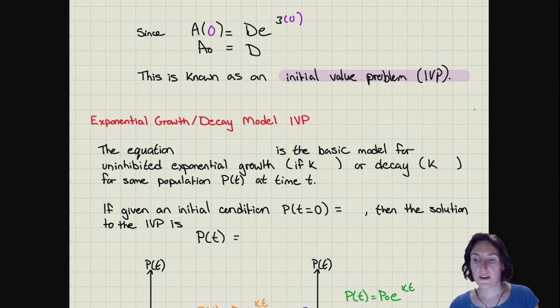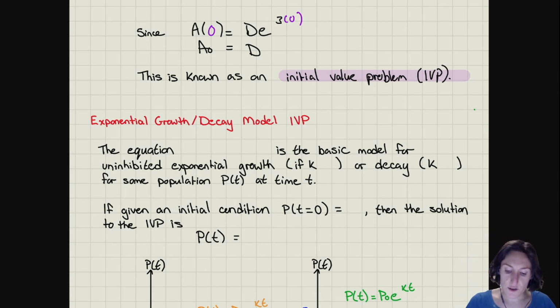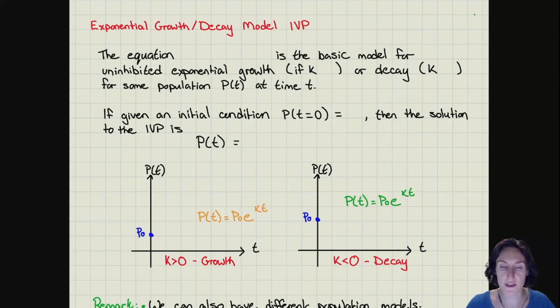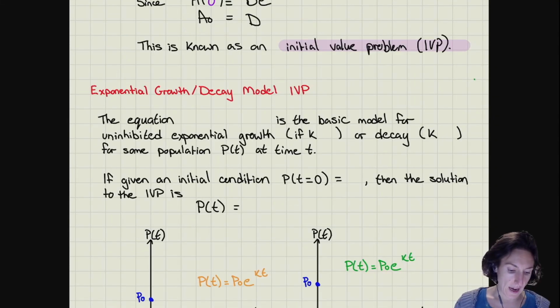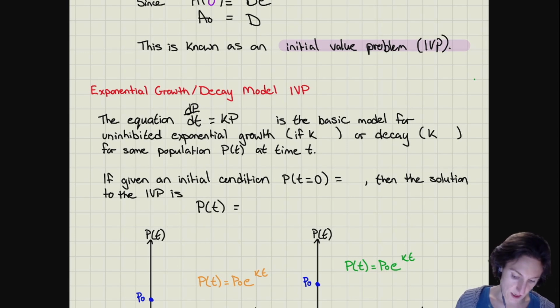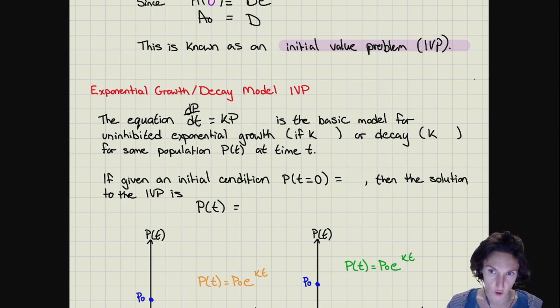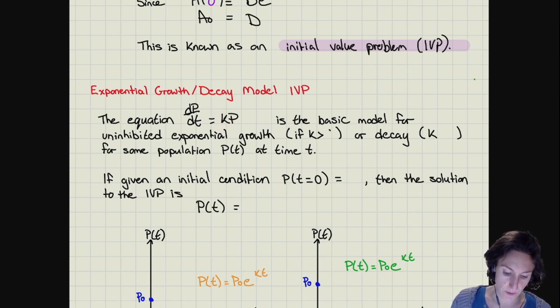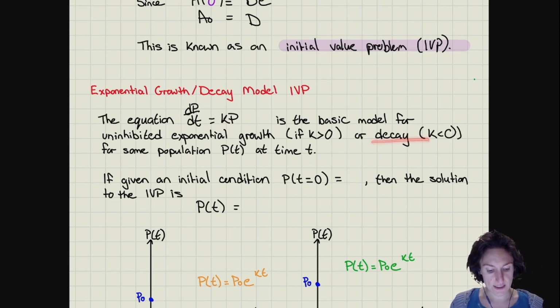Now, let's quickly talk about the generalization of this growth and decay model, now that you've seen a bit about how the mathematics works. Say we have some differential equation, dP/dt equals some constant times P. This is the basic model for exponential growth if k is a positive number, but if k is negative, it represents decay.